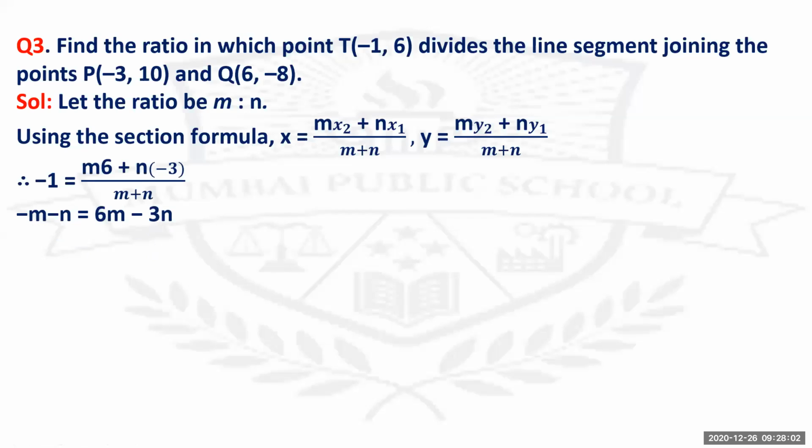Now what to do in the next step is you'll keep all the values related to m on one side and values related to n on the other side. So you'll get minus m minus 6m equals to minus 3n plus n. You have just shifted the positions.